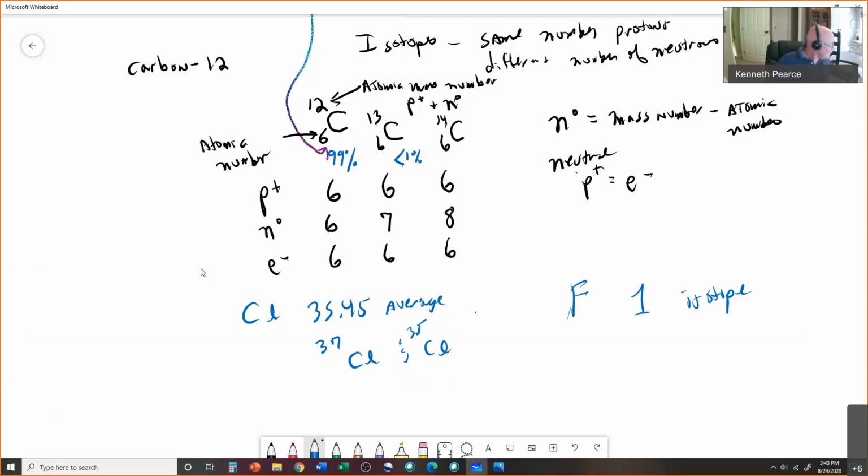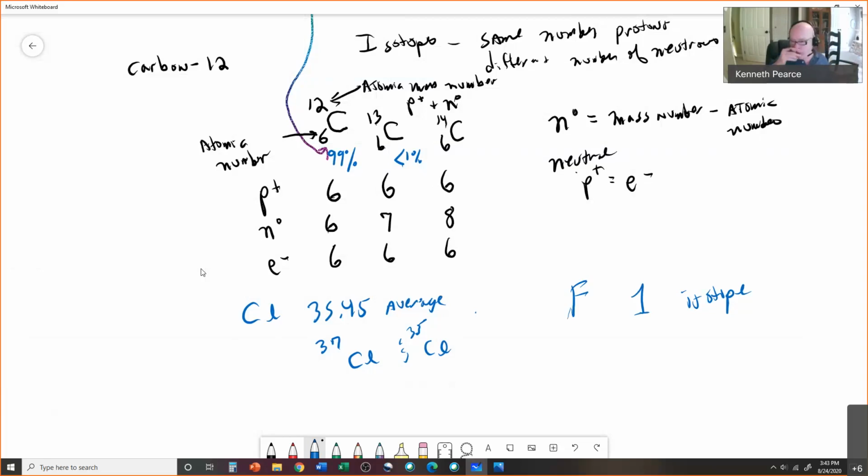If you want to find the average, you look up the isotopic abundance and add them up. It's an intellectual exercise, but not very practical, because you just look it up. It's on the periodic table, and that gives you the average.